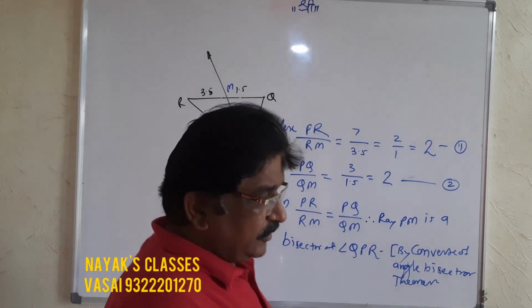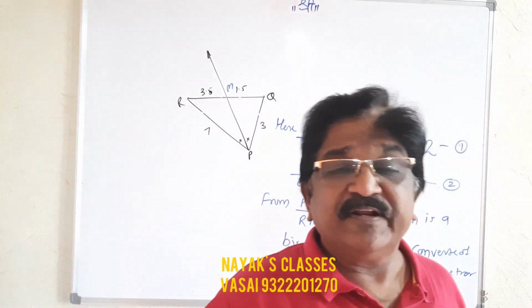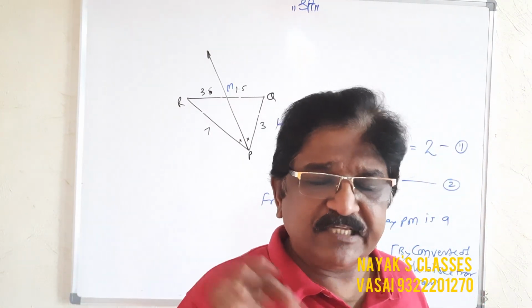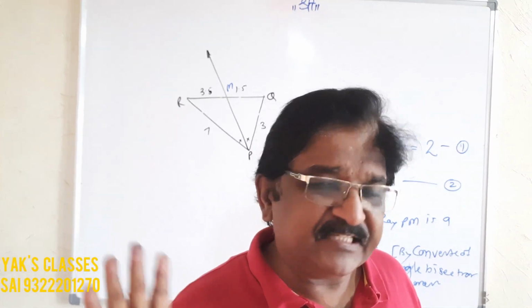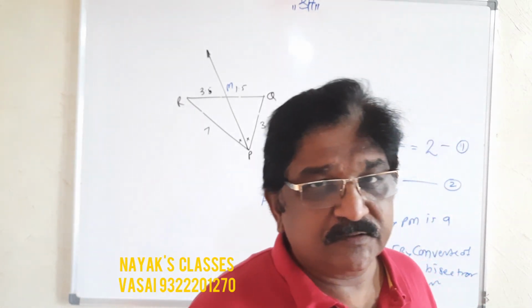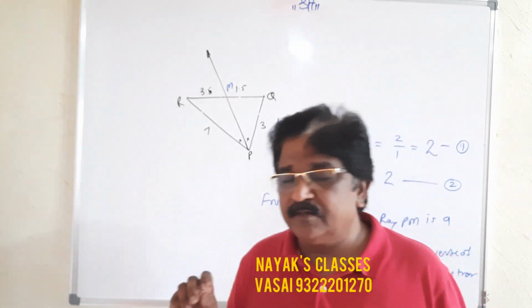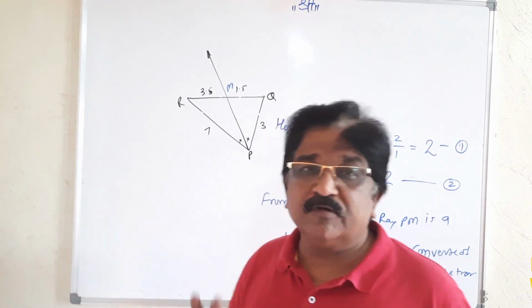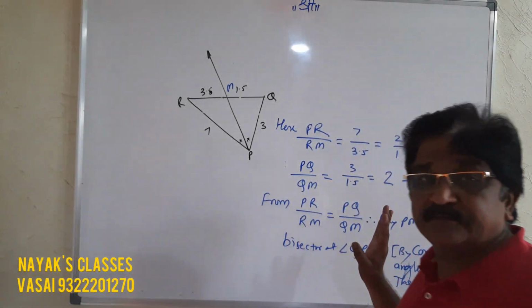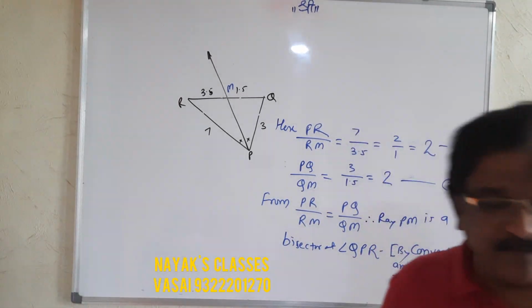Angle bisector theorem, very simple. If both ratios have the same value, then the ray is called the bisector. It is the converse, so we are using the angle bisector theorem's converse property. Correct? Now we are going for the second one.